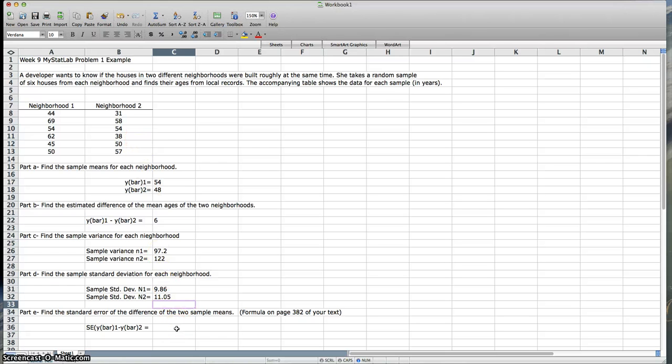This is a little bit longer formula, but Excel does it for us pretty simply, and we're going to let it do its job. So we know we're going to have to find the square root, so I'm going to start with equals. Start typing square root. I have it there. Now we need to enter our data, and I'm going to use even more parentheses here, so I want to make sure I get this right.